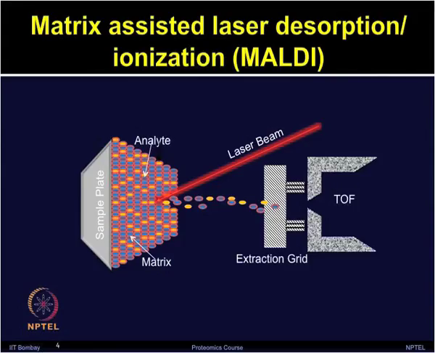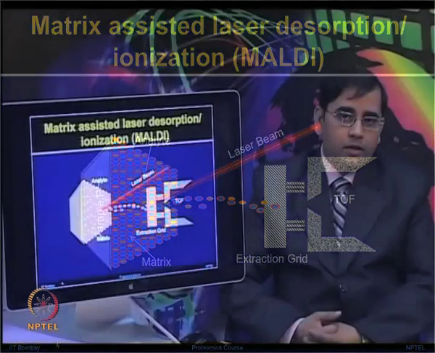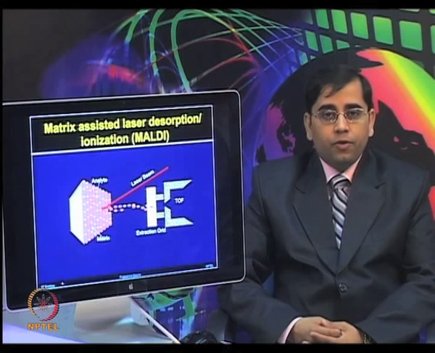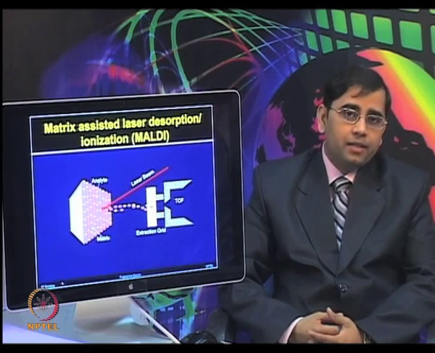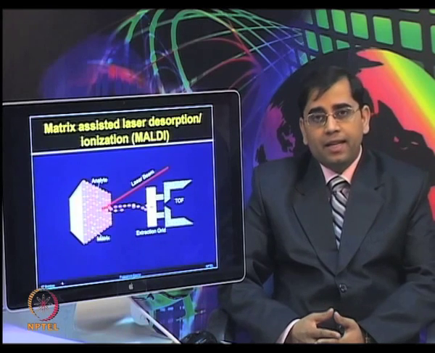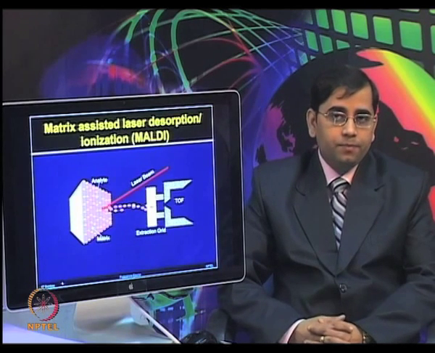So, the analyte or the proteins of interest are mixed with the matrix, which is usually an aromatic compound. There are various types of matrices available, which we will talk about in more detail when we come to sample preparation and matrix selection. But just for your reference, we can use 2,5-dihydroxybenzoic acid, we can use sinapinic acid, and there are several other choices.